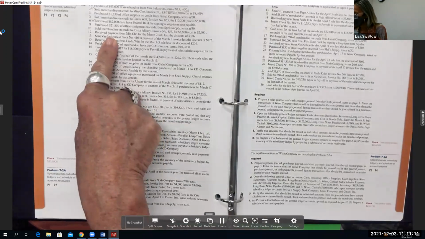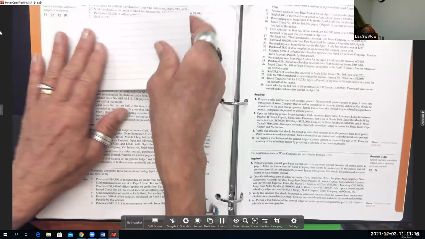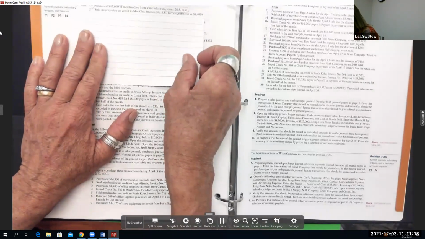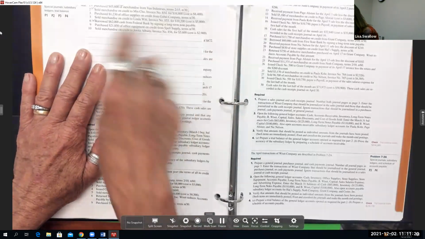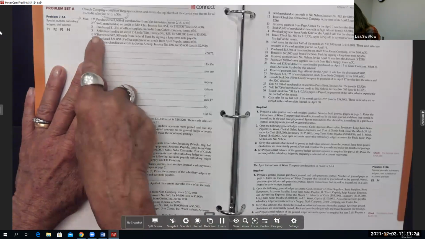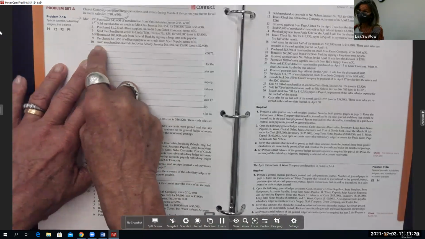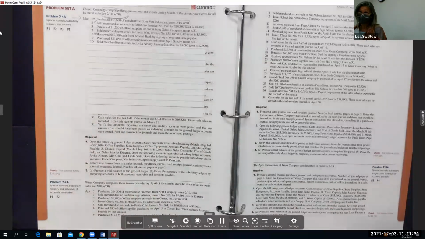So to pick up where we left off, we did March 1st, March 2nd, and March 6th. I starred the 3 that we did. And now I asked you guys to do another 4, and then we're just going to spend the rest of the day slogging through this because that's what we really need to learn from this chapter.